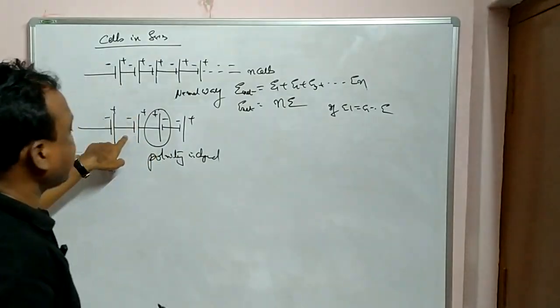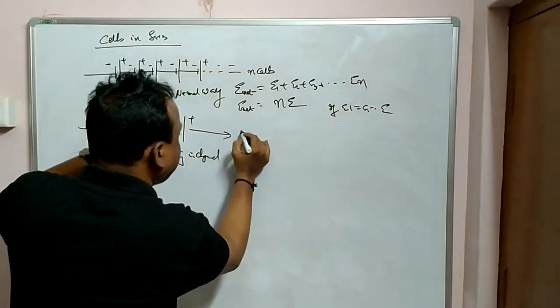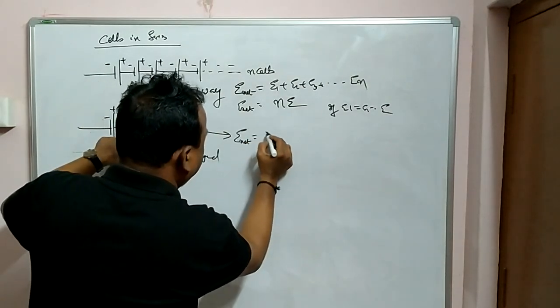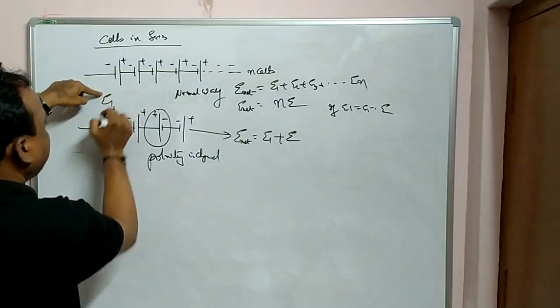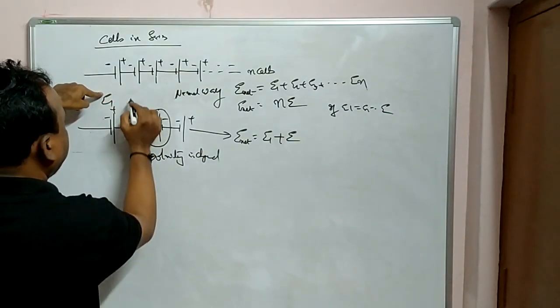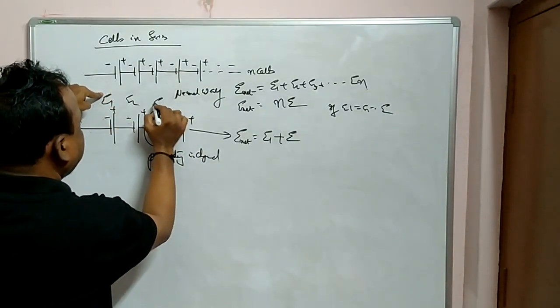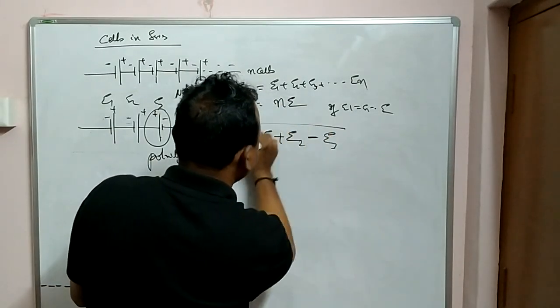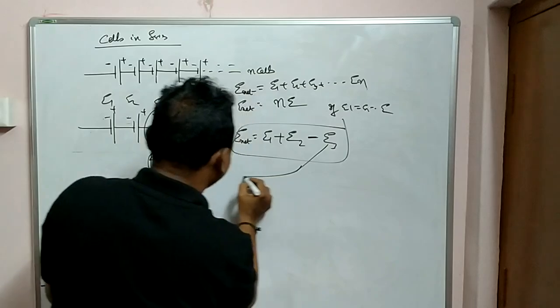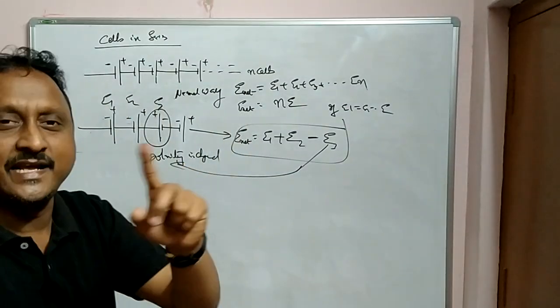Suppose polarity is changed. In this case, the effective EMF is E1 plus E2 minus E3, taking this as E1, this as E2, this as E3, because the polarity changed.